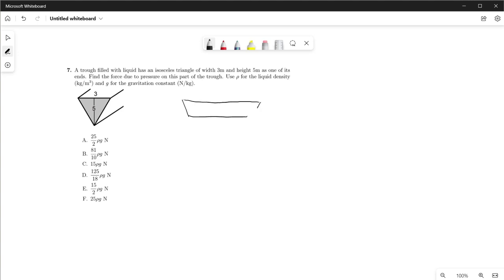I'm looking at it sideways, or it might be perpendicular too. The liquid, I'm just assuming it's water, has a force due to pressure going either way, right? So we are only interested in one end of the trough. And when we look at this one end, it's a triangle.